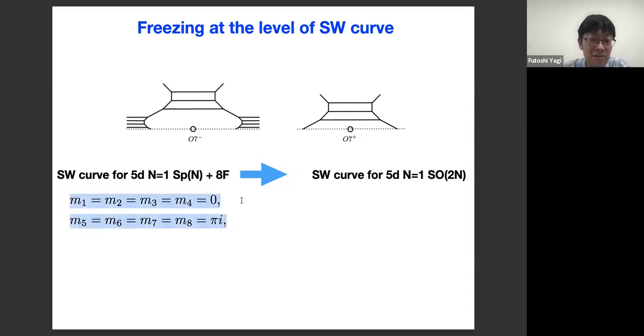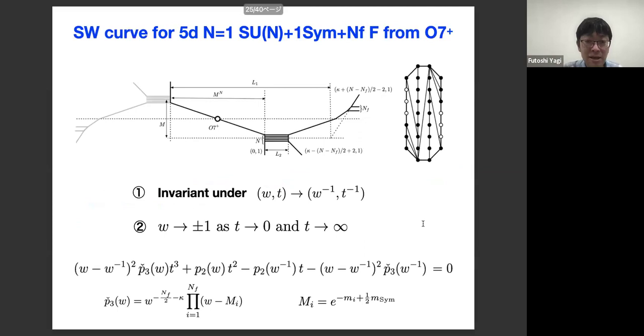And if we tune like this, then SP plus 8 flavor Seiberg-Witten curve becomes SO(2N) Seiberg-Witten curve. And we can do the similar thing also for symmetric plus flavor. So again, we impose a similar boundary condition for SU with one symmetric plus flavor.